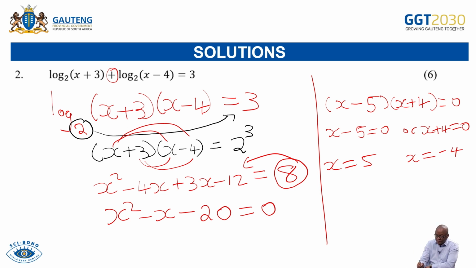So in this case, negative 4 won't be applicable because the minute you have a log of a negative number, because if I were to substitute 4, I will say minus 4 plus 3, which is going to be negative 1, and log of a negative number will give us a maths error. So now only 5 is applicable in that case. So this is how you get your 8 marks on this test 5.